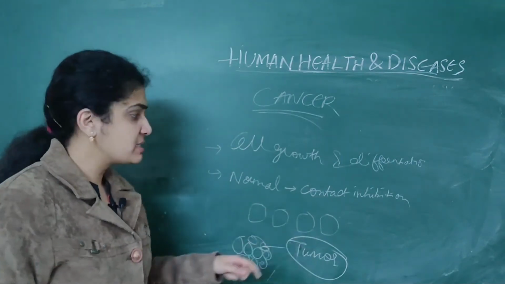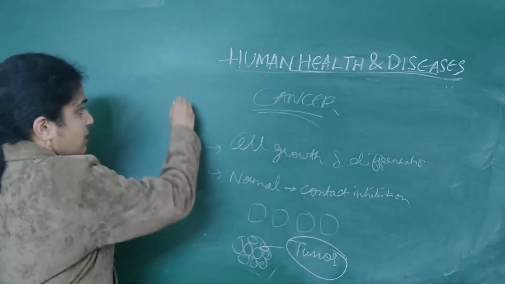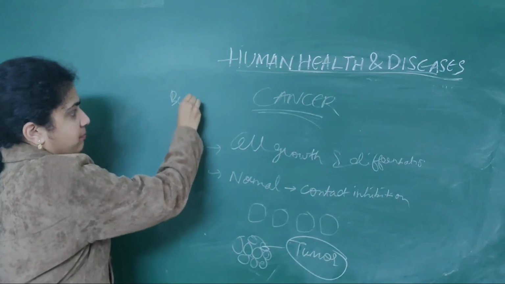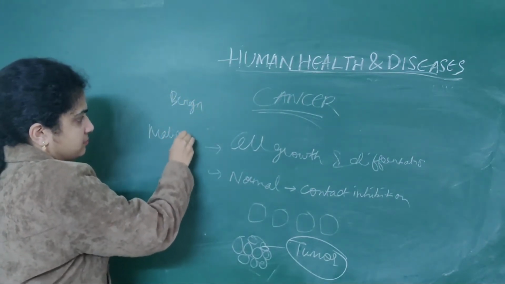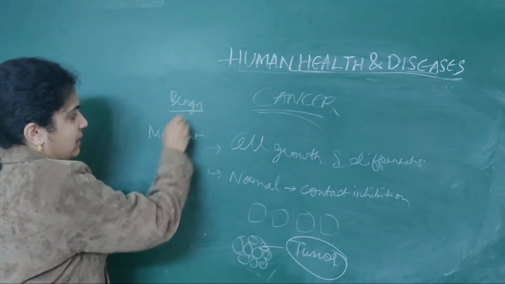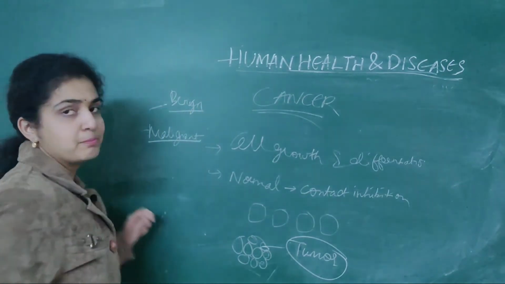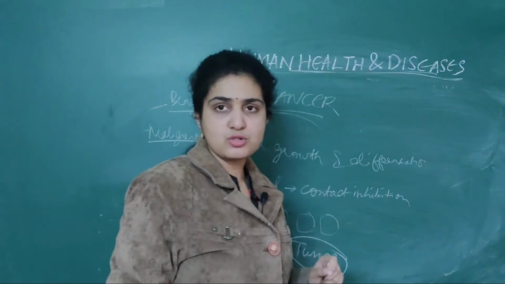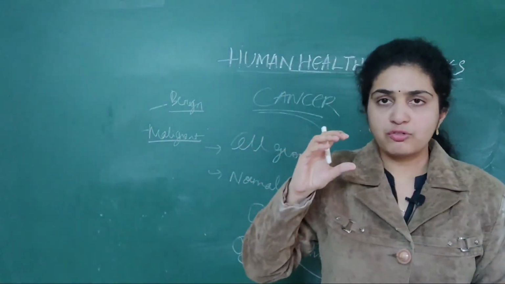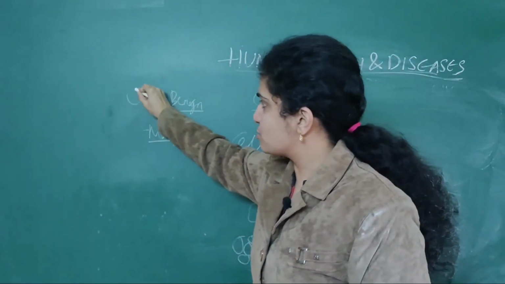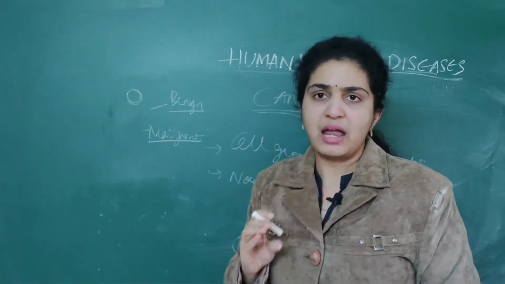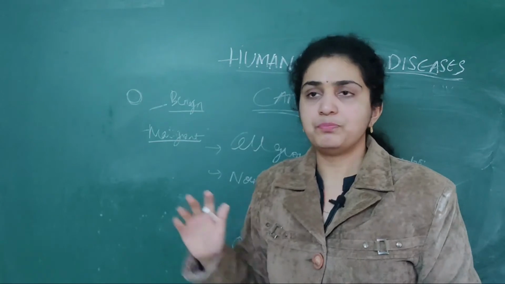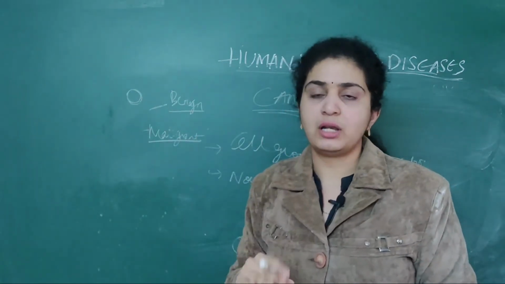And again tumors are classified into two types: benign and malignant tumor. Benign tumor means the growth of the tumor is very small and limited to that place, and it will not spread rapidly. It is not so much harmful.